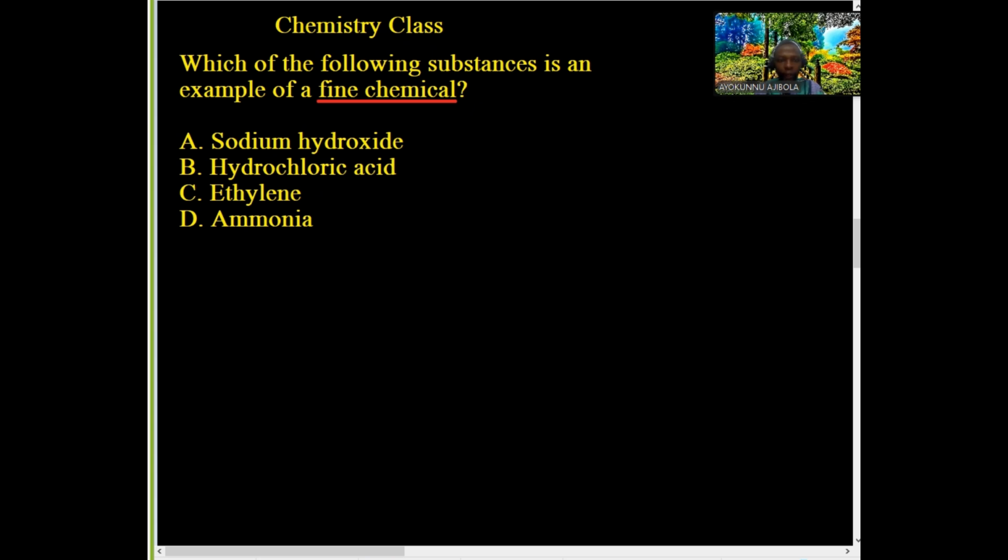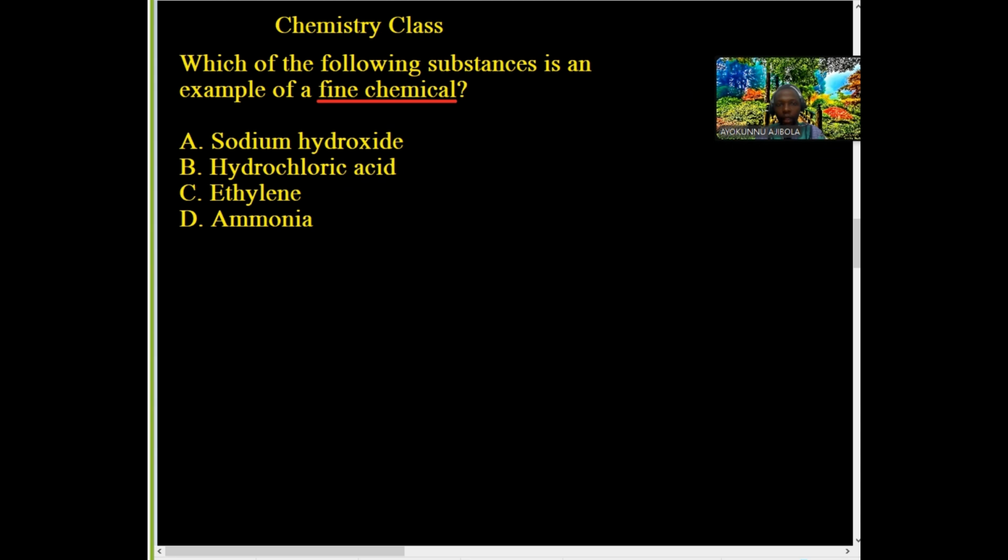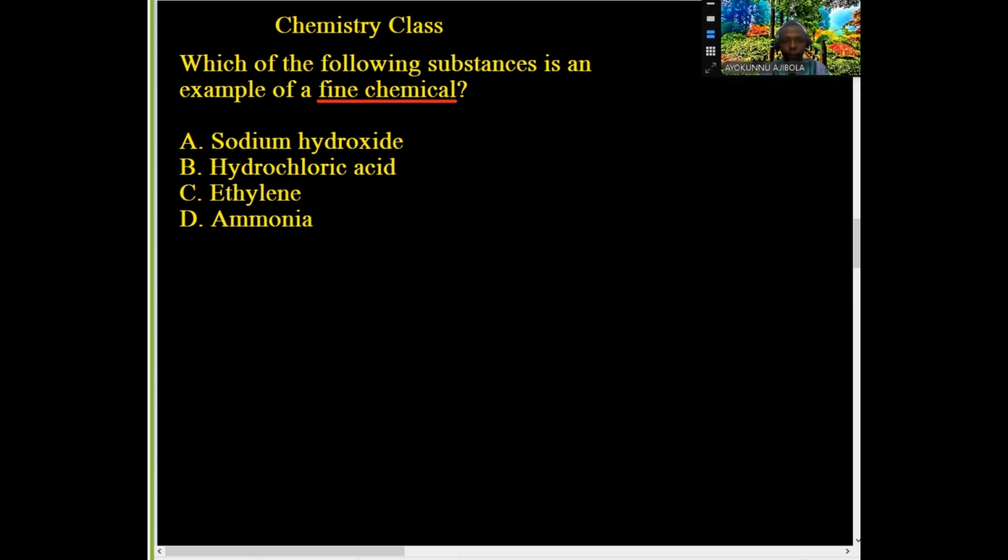Now, to differentiate between fine chemical and heavy chemical, we can talk about the differences between them, okay? Number one is that heavy chemicals are large scale industrial chemicals produced in bulk quantities for applications such as fertilizers and detergents.